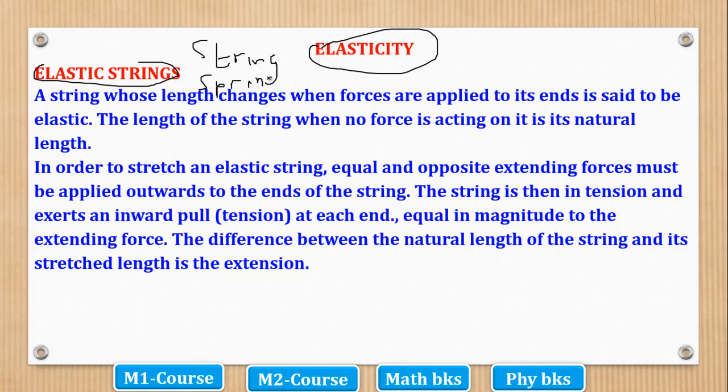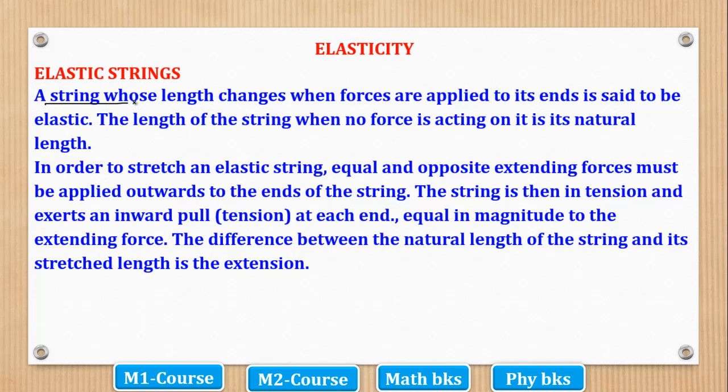They are somehow similar and the formulas used are the same, only that springs allow compression and extension. They can be stretched and compressed, but strings can only be stretched. That is the only difference, but all the formulas used are the same.